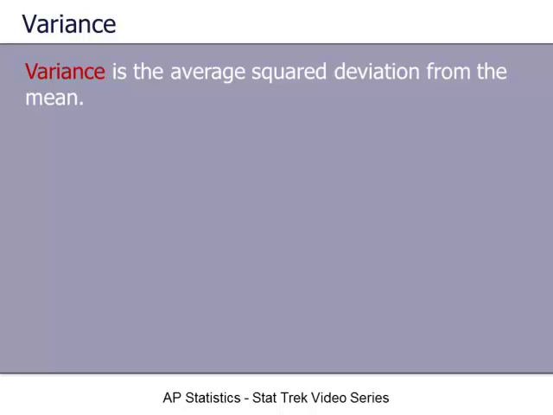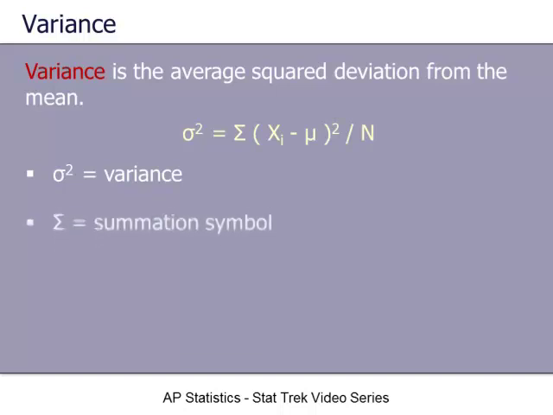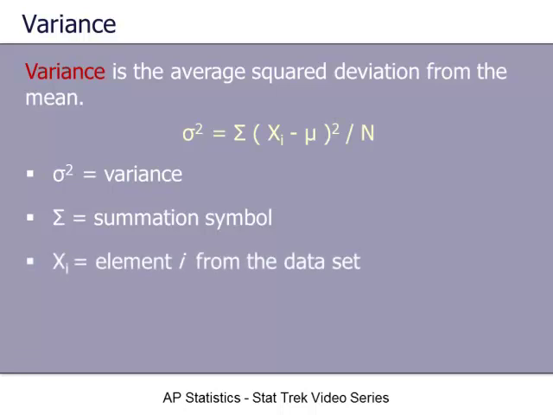Variance is the average squared deviation from the mean, and it can be calculated from the following formula. The notation used in this formula shows up again and again throughout this course. Variance is represented by lowercase sigma squared. Capital sigma is the summation symbol. X sub i stands for the ith element in the dataset.